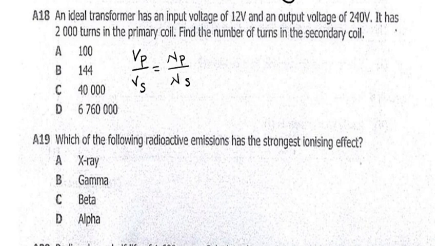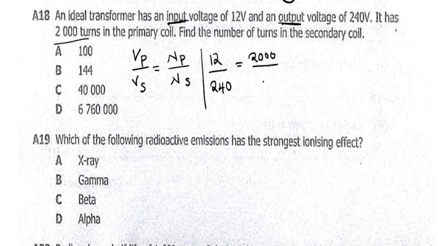So here, the word input mostly goes with primary and output goes with secondary. So input voltage of 12 volts, primary voltage, we're going to say 12. Secondary voltage, we're going to say 240 volts. The number of turns in the primary, they've given us 2000 turns. The number of turns in the secondary coil, we don't have.